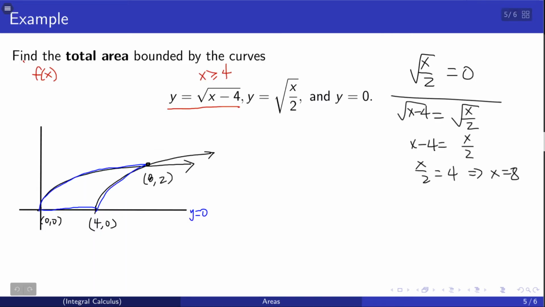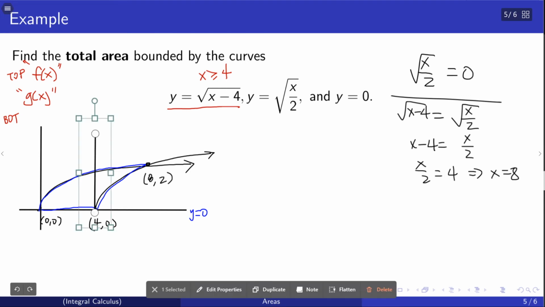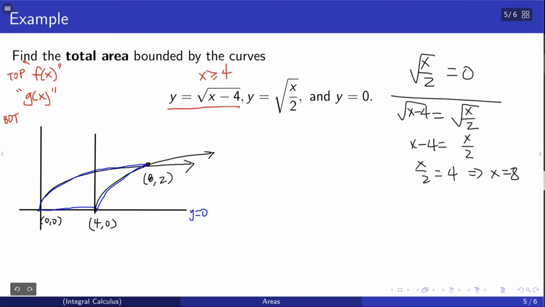Well, your f function here, the function on top, and your g function here, the function on the bottom, differ depending on what your x value is. Right? In fact, at x equals 4 is exactly when the bottom function changes. The top function is the same. It's still going to be this y equals square root of x over 2 function.